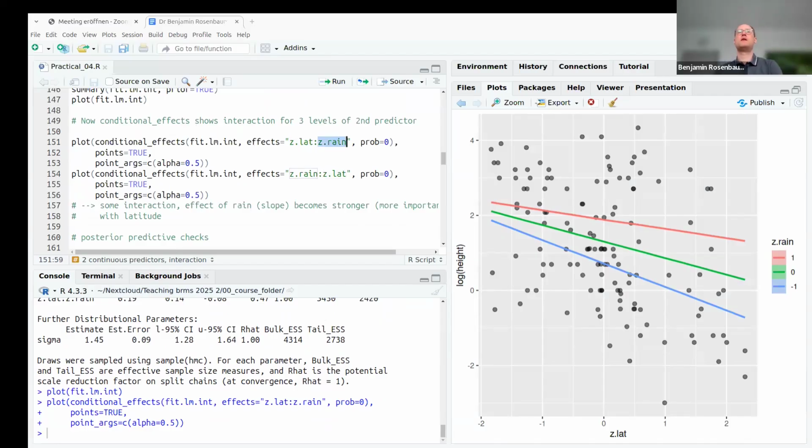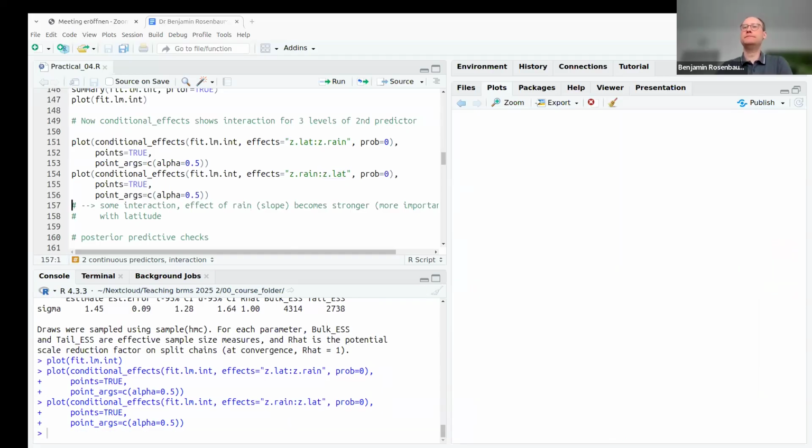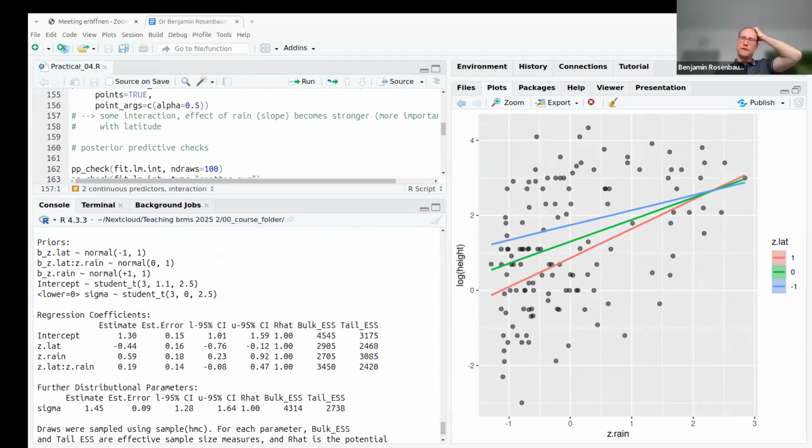Either with z lat on the x-axis, and for different levels of the second predictor you see the slope, or the other way around. If you have this interaction model and you are fitting the model because you are interested in the interaction, that's the thing you are actually interested in: the effect of rainfall. Does it change with latitude?